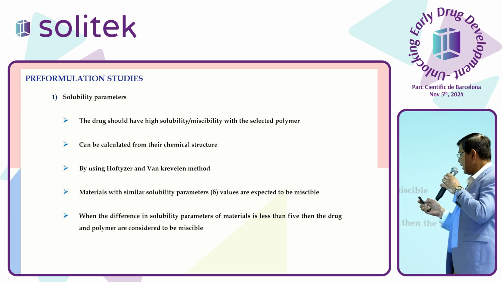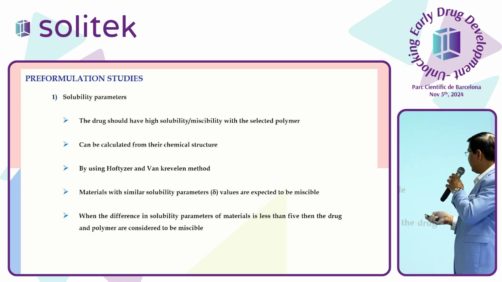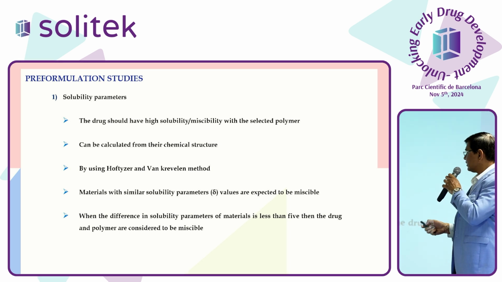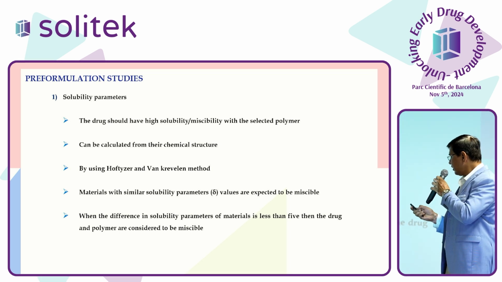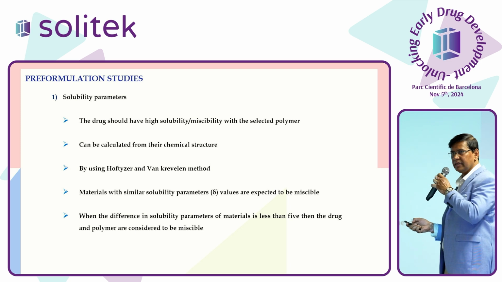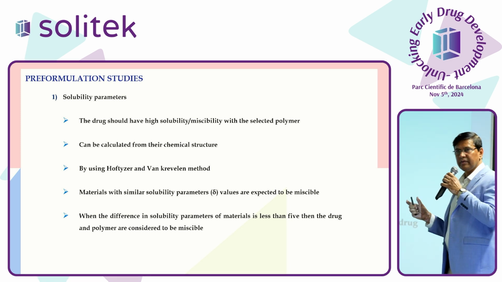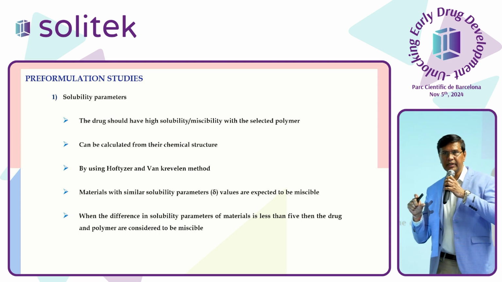In case the difference between the drug solubility parameter and the polymer solubility parameter is greater than 5, then the drug and polymer are not considered to be miscible. So the solubility parameters, calculated by using the Hoftyzer and Van Krevelen methods, must have a difference of less than 5. If less than 5, it means the miscibility of the polymer and the drug is very good.